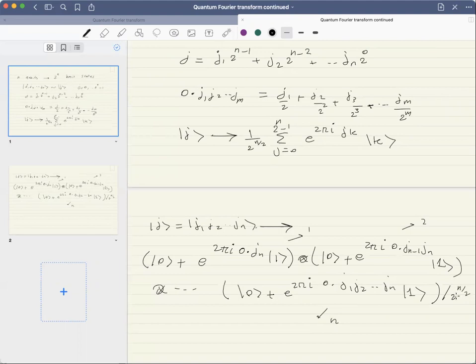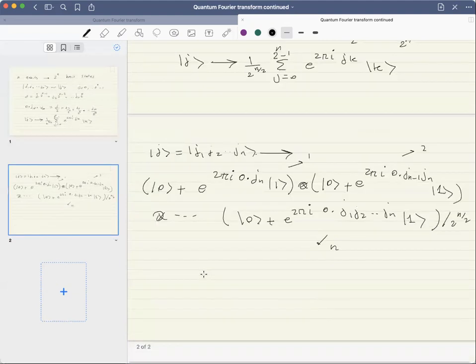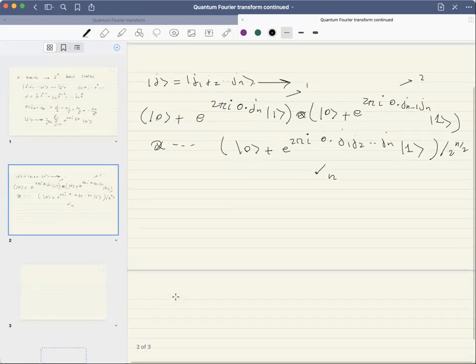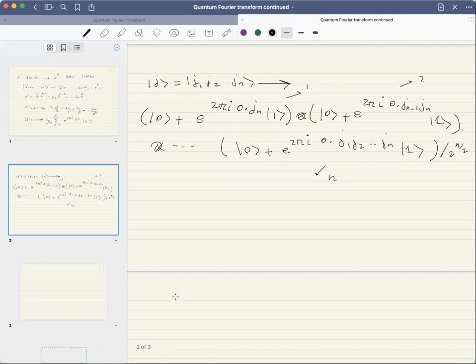Now, this tensor product structure is quite useful because essentially we know what the state of each qubit is that we want to prepare upon the Fourier transformation. So we can start playing with this. So let's say I just have one qubit.